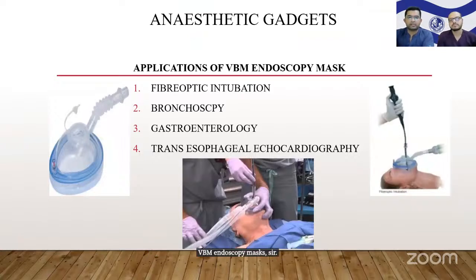It is also used in monitored anesthesia care procedures, where one port is for the passage of the endoscope and another port is for the ventilation. The applications of endoscopic mask: fiber optic intubation, bronchoscopy, gastroenterology applications, transesophageal echocardiography.